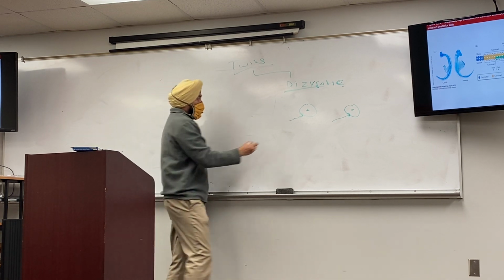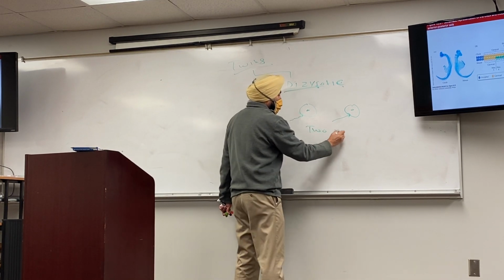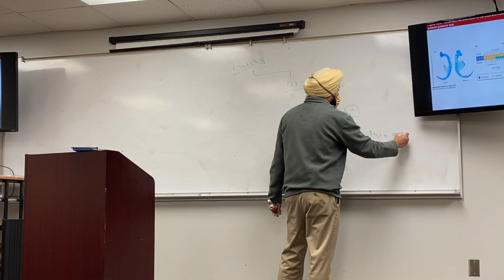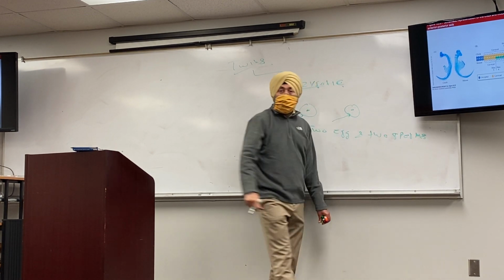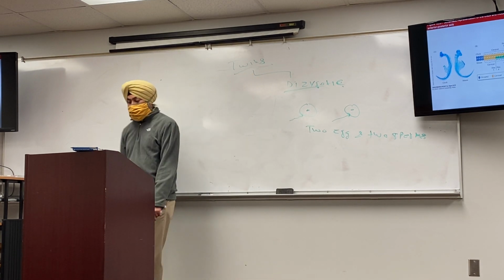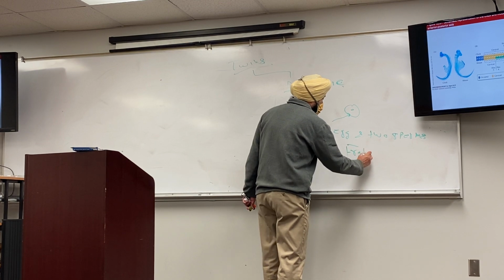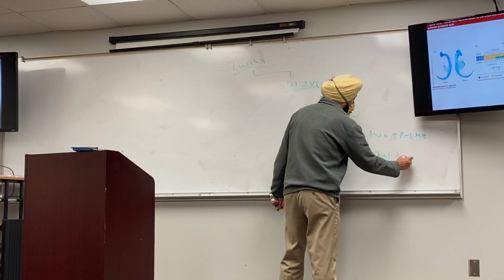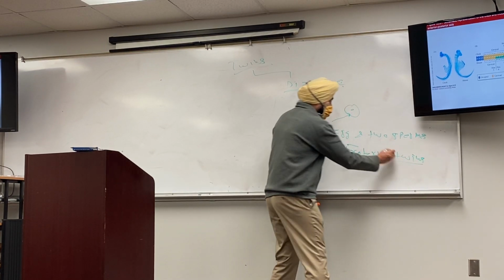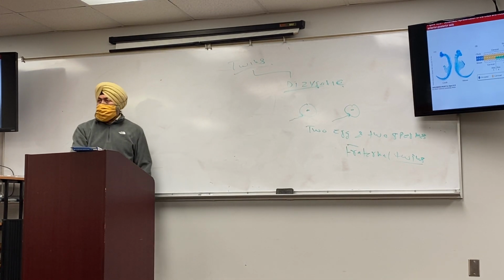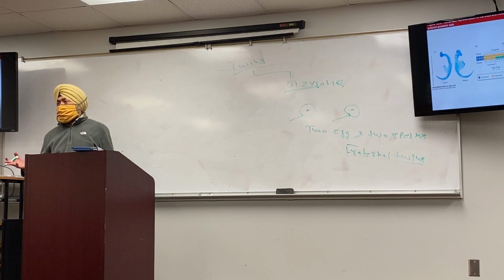So, two eggs and two sperms, right? If that happens, what do we call them? We call them fraternal twins. So, two different fertilization events are occurring at the same time, right?